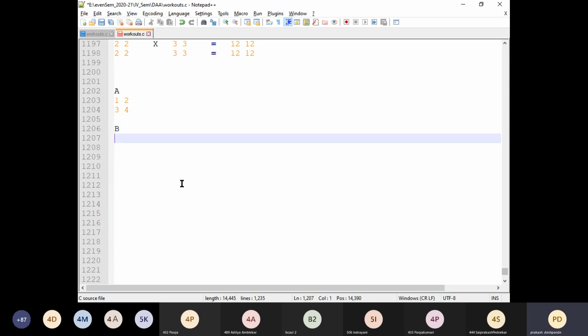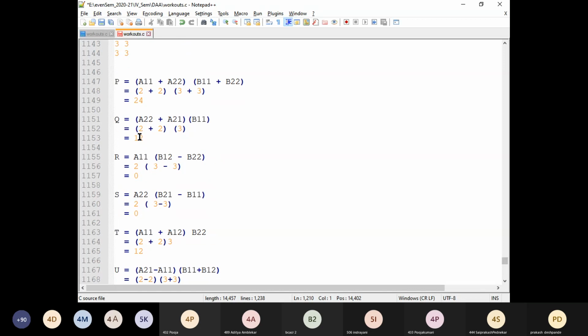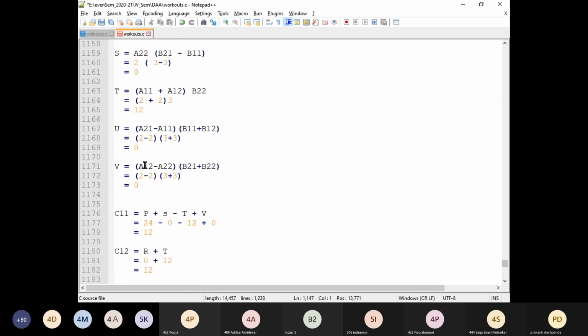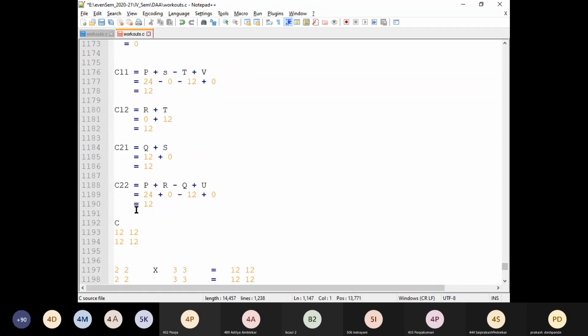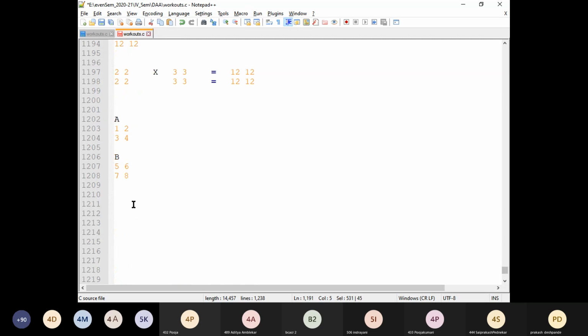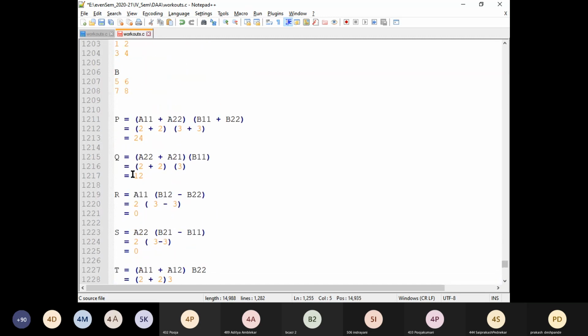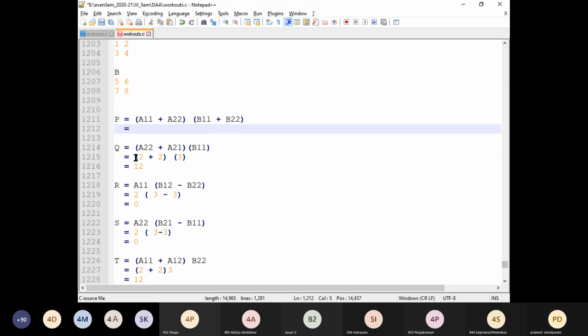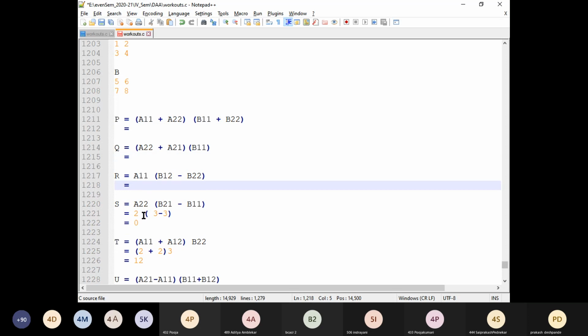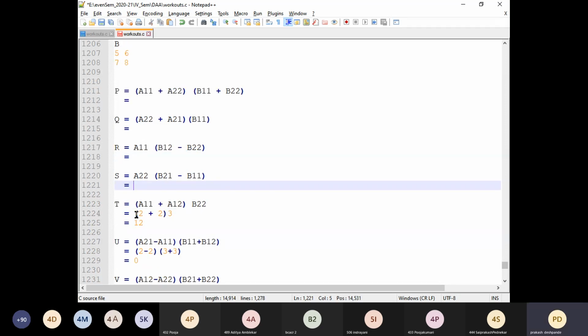Then B is 5, 6, 7, 8. Now, solve this one, students. Solve the second one. Formulas are with you.